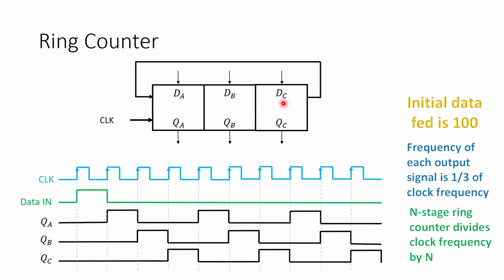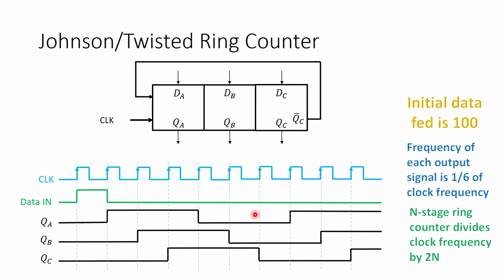So if it is an n-stage ring counter, then the clock frequency is getting divided by n. The signal repeats itself every 3 clock cycles, which means the frequency of this signal is 1/3 the clock frequency. If we had n flip-flops here, it will repeat itself after n clock cycles, so the clock frequency will be divided by n.